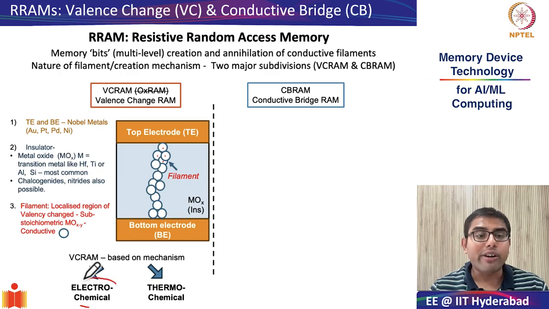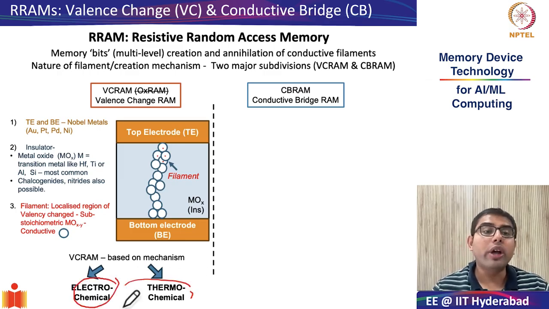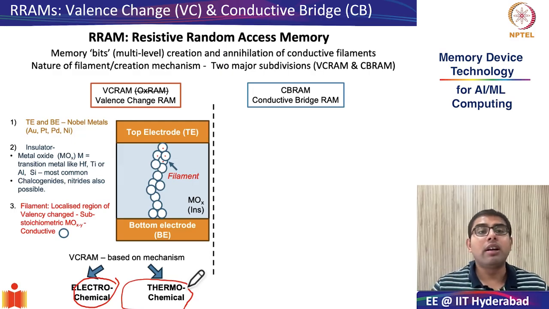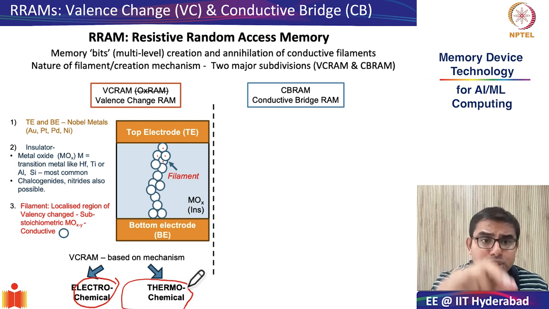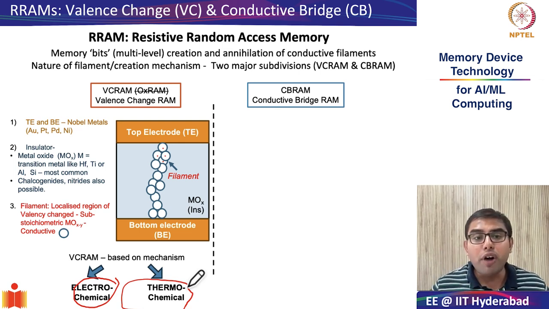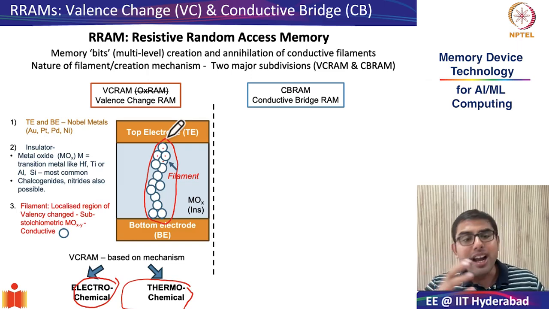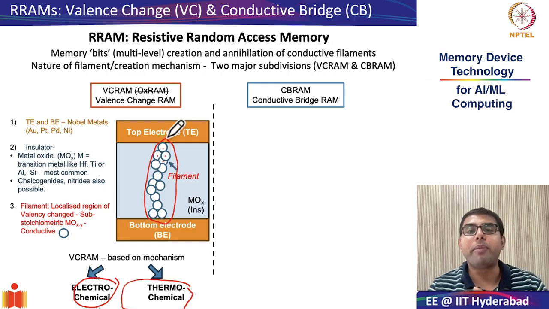That is electrochemical, which is an electric field driven process, and thermochemical. As the name suggests, it is a thermally driven process. So in VCRAMs, the filament is a substoichiometric valency changed material which transforms only a small area, known as the filament, from insulating to conductive, and this can happen either electrochemically or thermochemically.